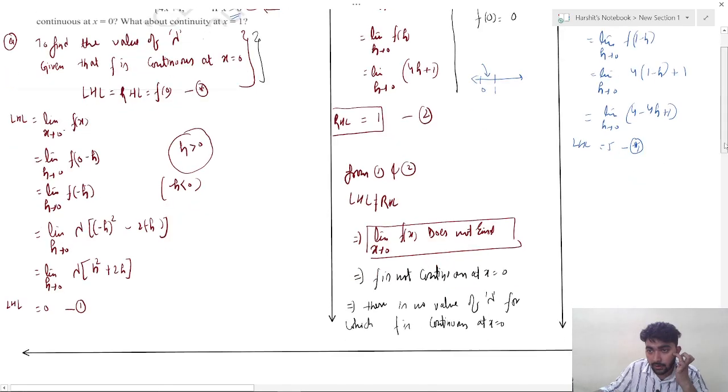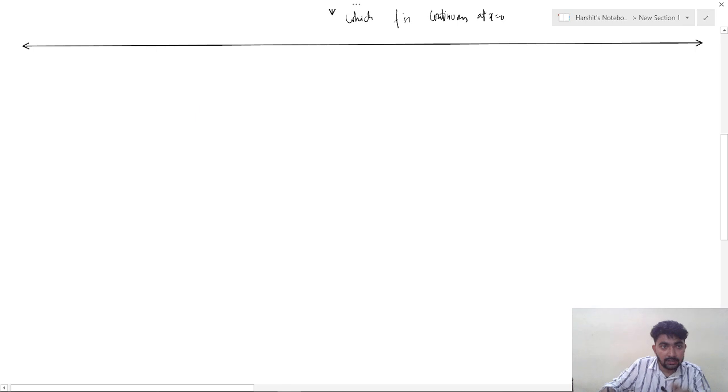Now we need to find its RHL. How can we find its RHL? RHL we can find as limit x tends to 1 positive f of x, which is limit h tends to 0 f of 1 plus h.